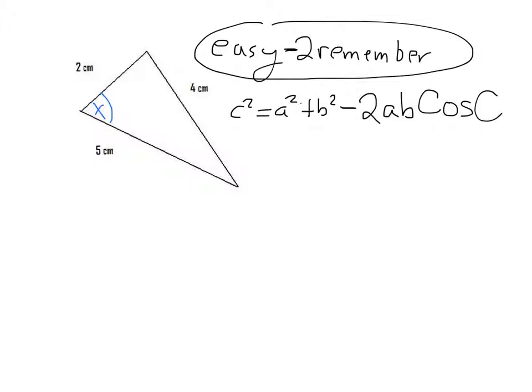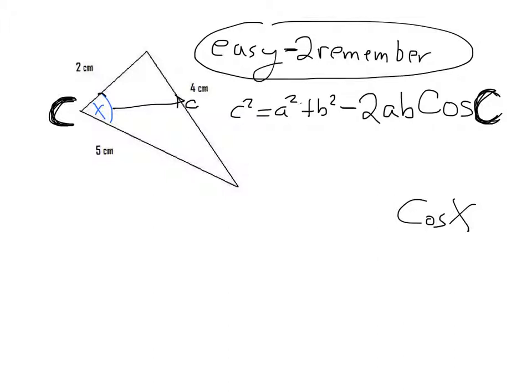So, all right, it's all about plugging things in. There's only one angle in the picture, that's x. So I know how this formula is going to end. It's going to end with the cosine of x. If x is the angle, and in the formula the angle is capital C, then that must mean that little c is the number that's across from it in the picture, because they go together, the capitals and the lowercase.